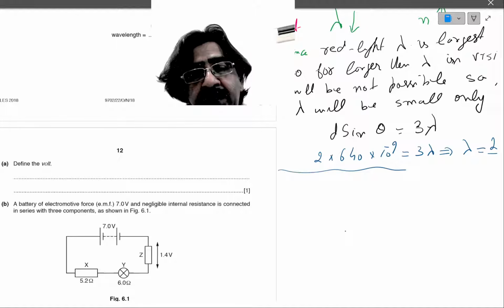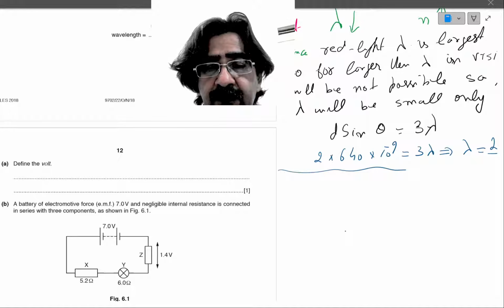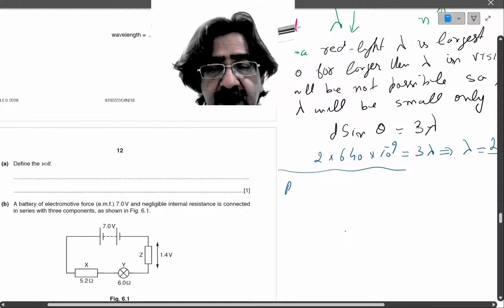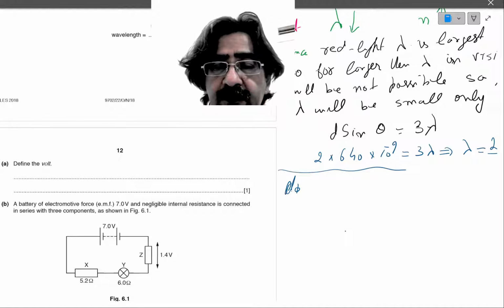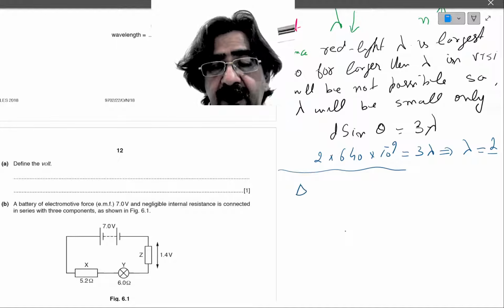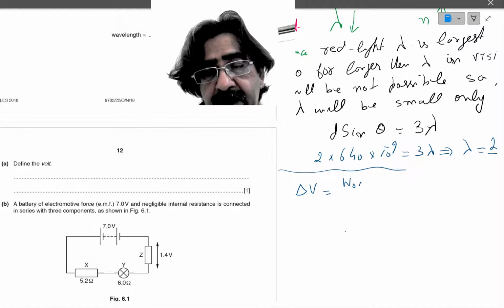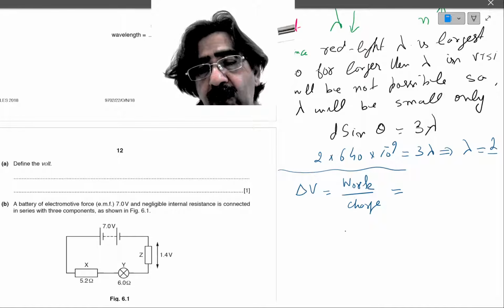So potential difference is work per unit charge, and the unit of work is the joule.